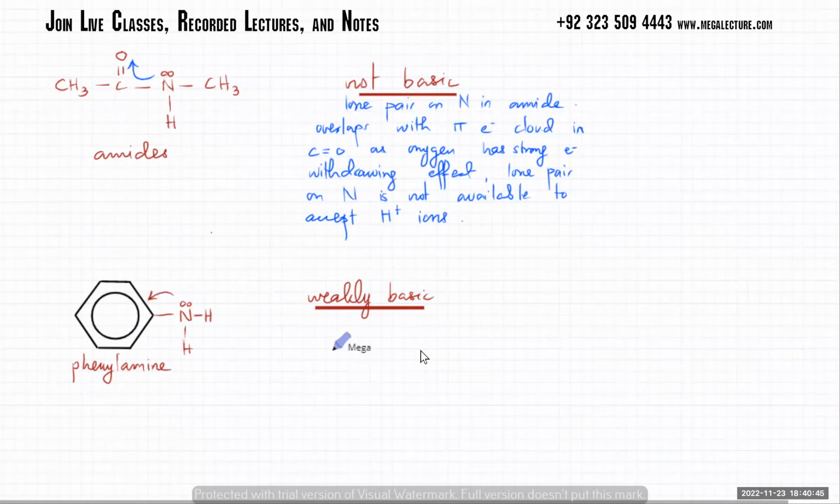So the negative charge density on the lone pair decreases. यहाँ पे थोड़ी सी कम हो जाती है, but it's still there. So it is still capable of accepting or attracting H plus one ions. So it's weakly basic. Lone pairs on N, पिछले वाले केस में तो completely withdraw ही कर गया था ना, it wasn't even there. So lone pair on N slightly overlaps with benzene's pi electron cloud.